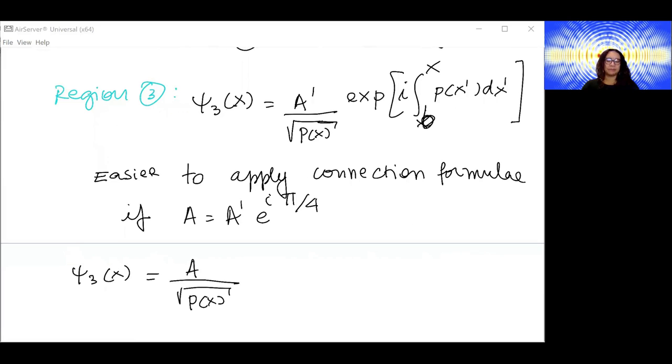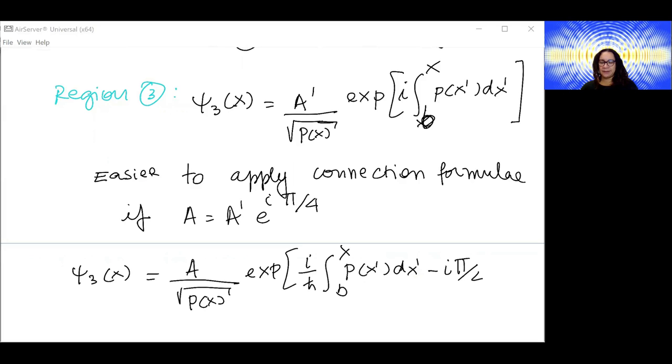Px exponential i divided by h bar from b to x, p x dash dx dash. Once more, this is a dummy index. This has nothing to do with derivatives. It's just a way of expressing this variable, and i pi divided by 4.